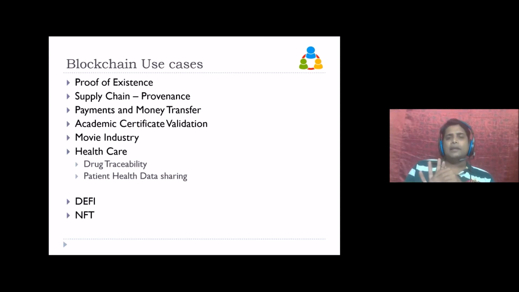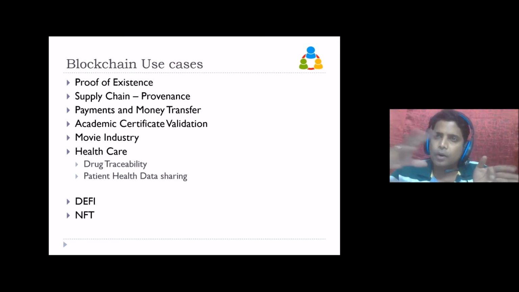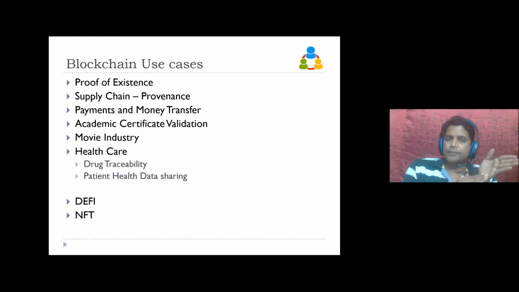Okay. And another interesting use case is the movie industry. Currently, you would have seen these OTT platforms, right? Like Amazon Prime, Netflix, and then Sony Liv.